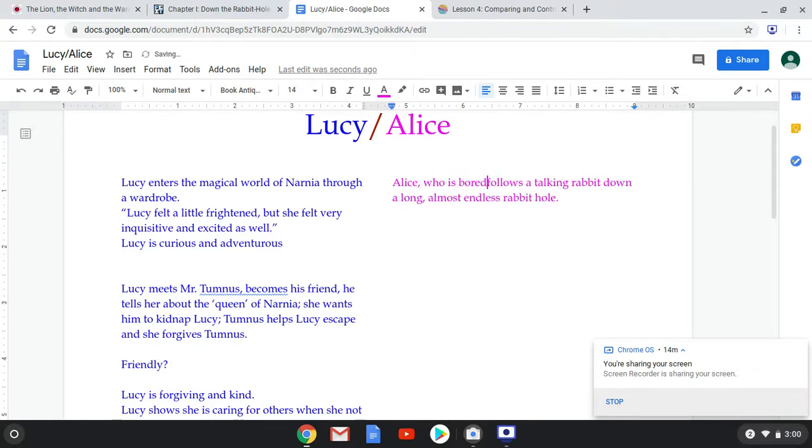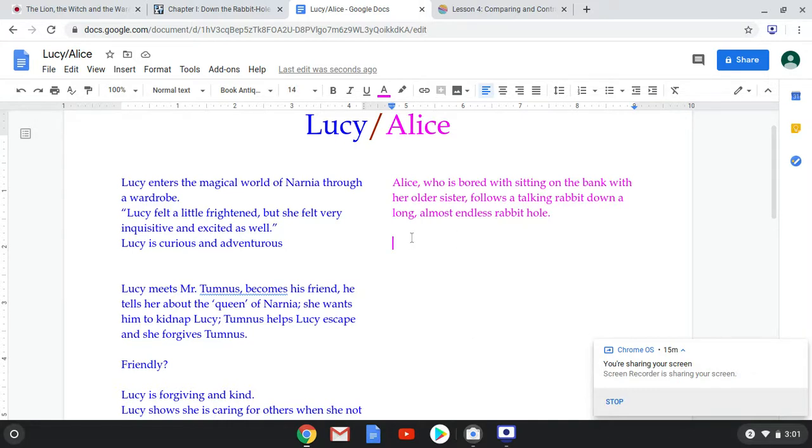She's bored with sitting by the bank with her older sister. See, Alice, who was bored, was sitting on the bank with her older sister. Follows a talking rabbit down a long, almost endless rabbit hole. Okay.